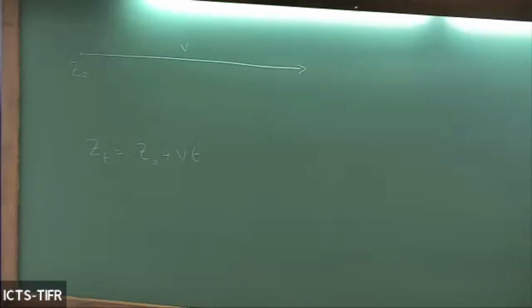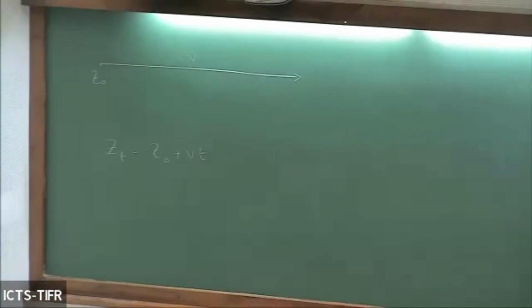I can complicate this model. I have a particle starting at a point z0. The initial velocity is u. There's a constant acceleration a. I can measure the distance as ut plus half at squared. So in here, there are two unknowns, z0 and v.